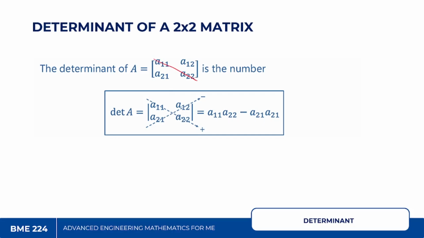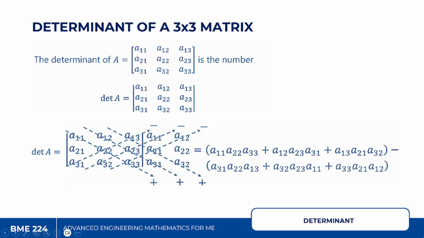This is the first diagonal, multiply it, and then subtract from it the product of the other diagonal. So A sub 1,1 times A sub 2,2, minus A sub 2,1 times A sub 1,2. Or A sub 1,2 and A sub 2,1. Let me just correct it: A sub 1,1 times A sub 2,2 minus A sub 1,2 times A sub 2,1. That is for the 2 by 2 matrix.